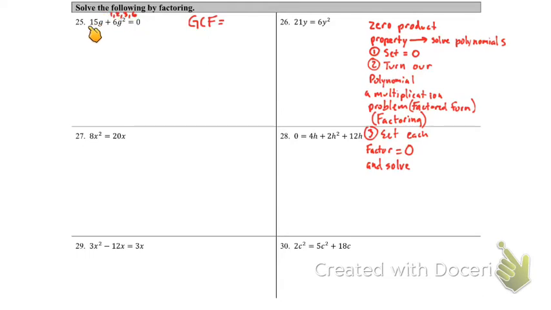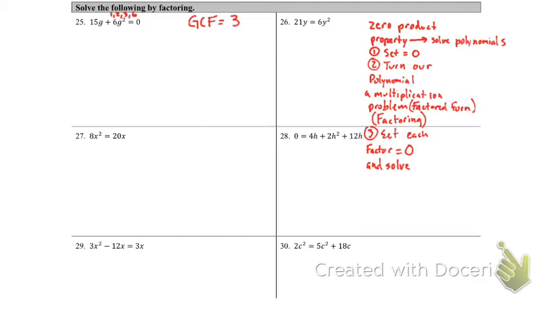If you want, throw that in a calculator. 15 divided by 6 gives you a decimal. It doesn't work. Can 3 divide 15 evenly? The answer is yes. 3 can divide 15. We already know it could divide 6 because it was in our list. So 3 is the biggest number that can divide both of them. So our GCF is 3.